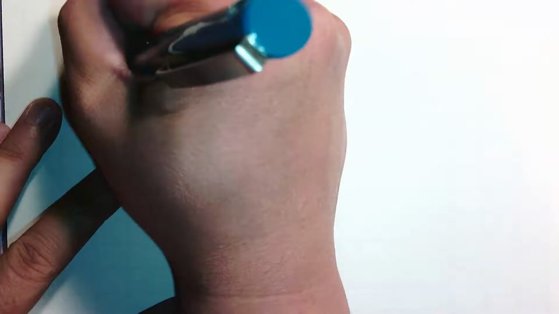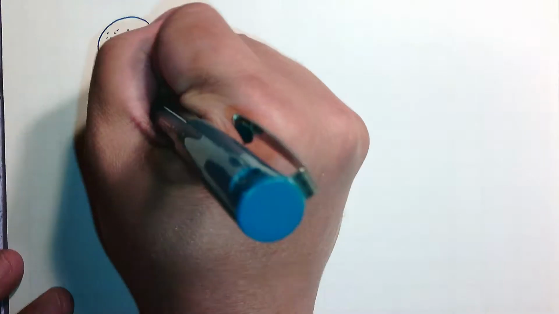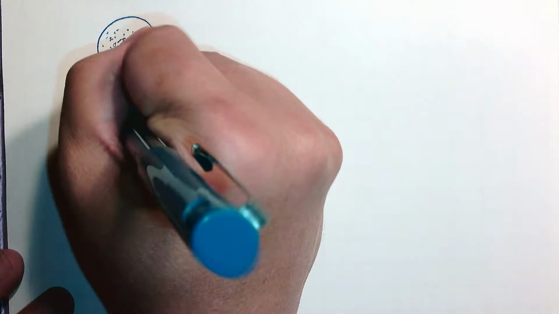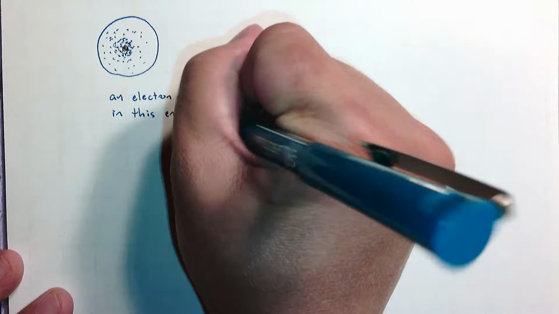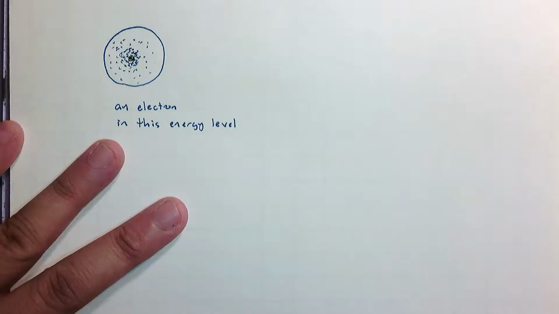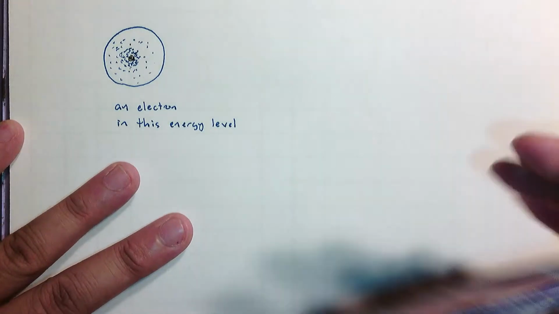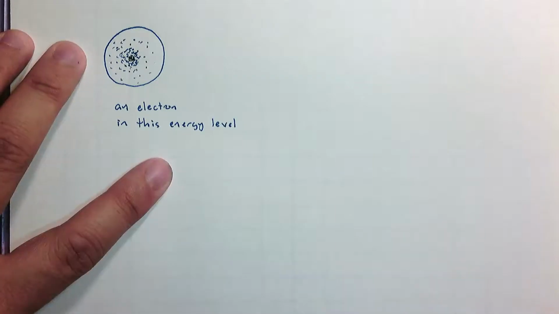Ultimately, you could make a sphere that encompasses the volume where you could find an electron 90% of the time. So an electron, and this is important, in this energy level, because the shape of the orbital will change depending on the energy level and what's called the sublevel. That, again, is the topic of either the next video or 2 videos from now.